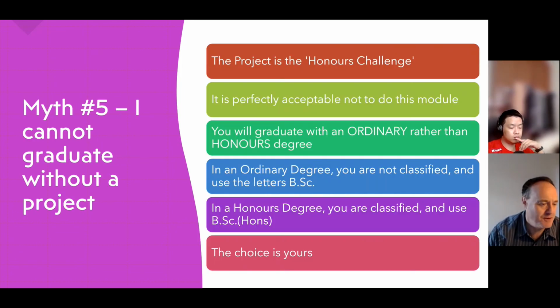The fifth myth is that you can't graduate without a project. So this is a slight get out for students who, once they've seen this presentation, think, I'm really not sure I can do this. I can't really devote the time to it.